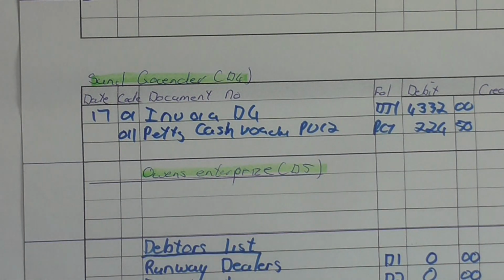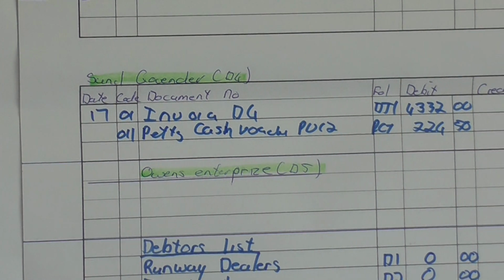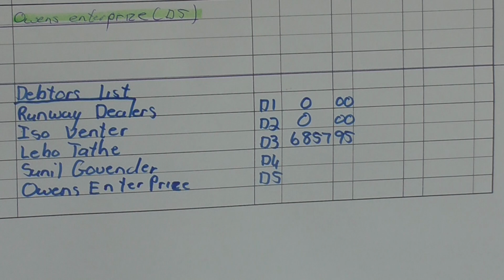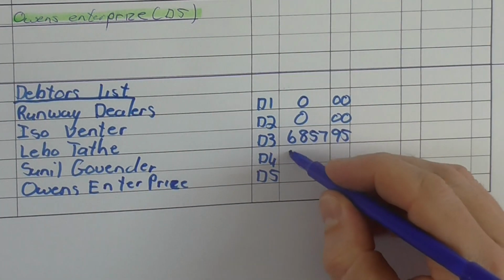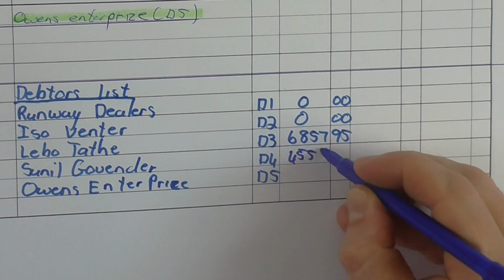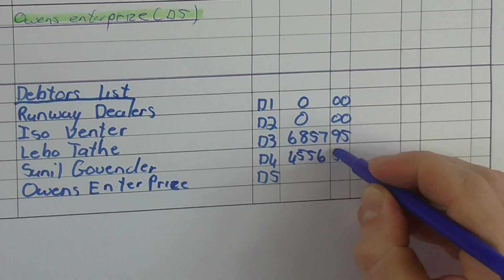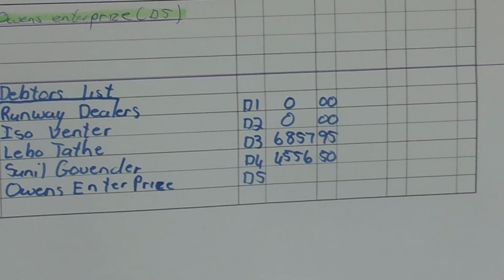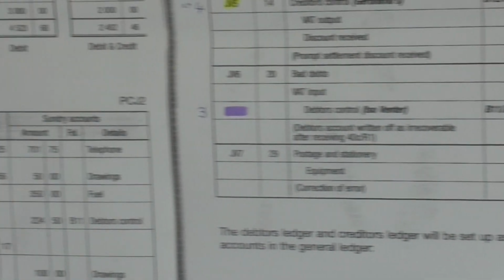Okay, so that is the last item or transaction we have for Mr. Sanil Govender. So that total will go in there on your debtors list. So that is 4,556.50. Okay, we are almost done. So let's go back to our debtors journal.